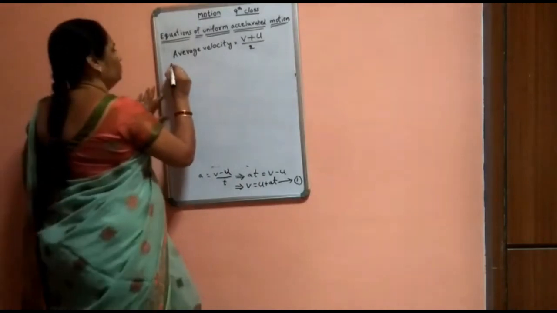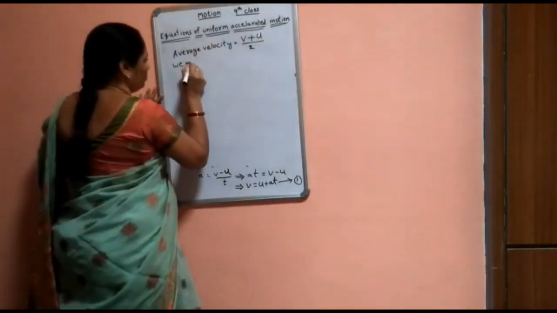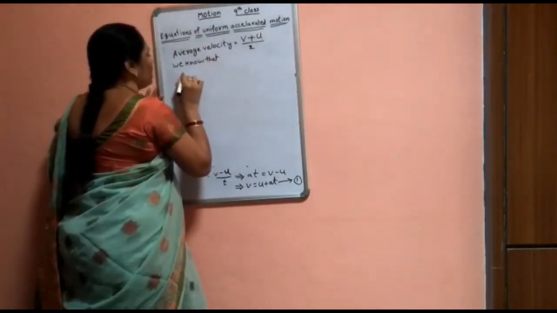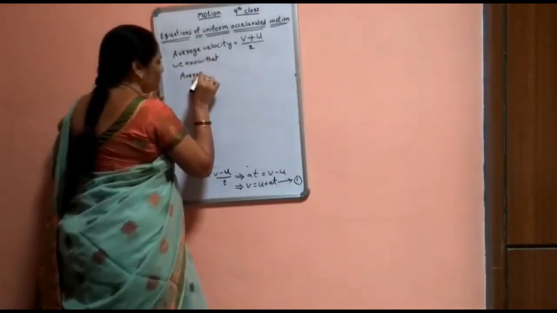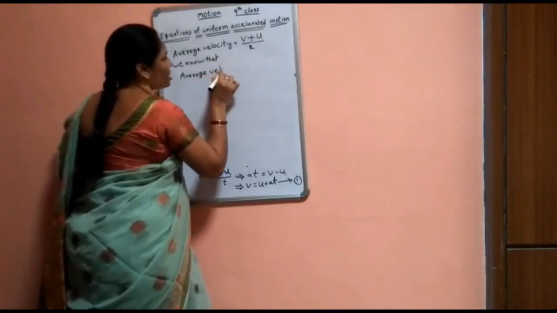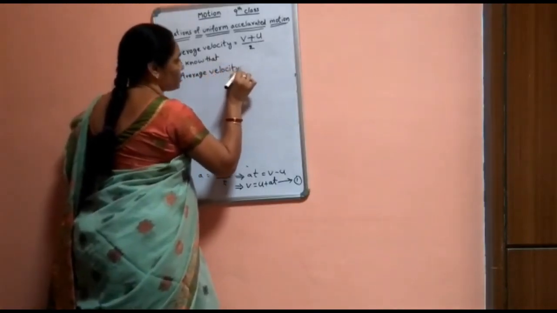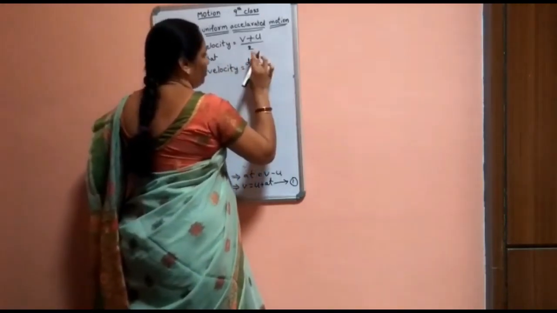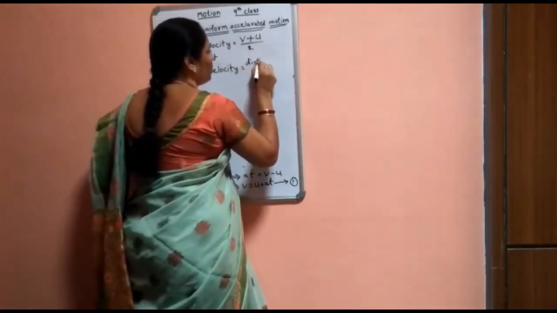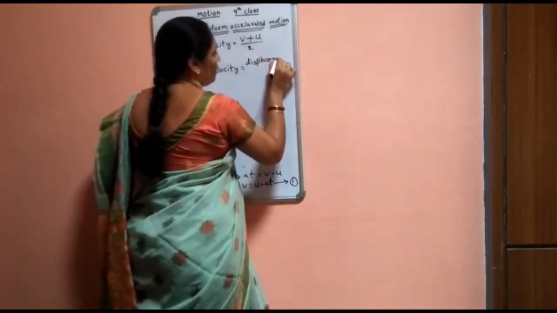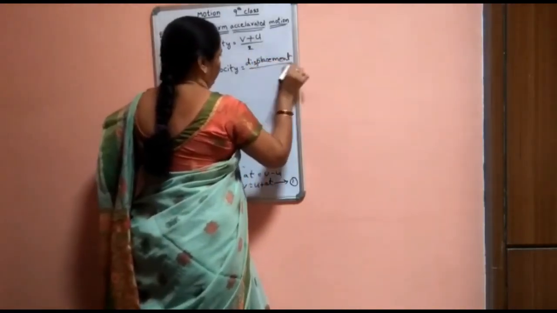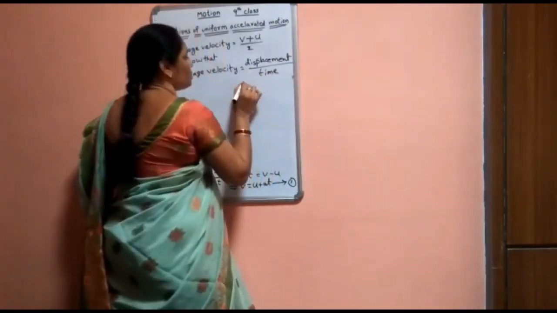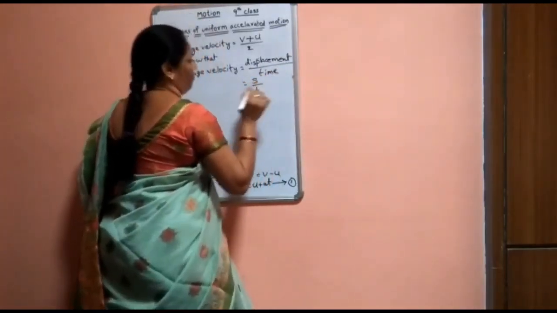We know that average velocity is equal to displacement by time, that is equal to s by t.